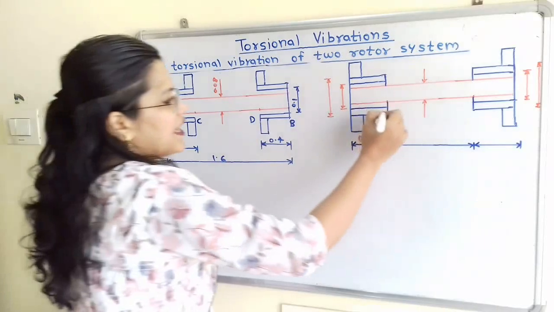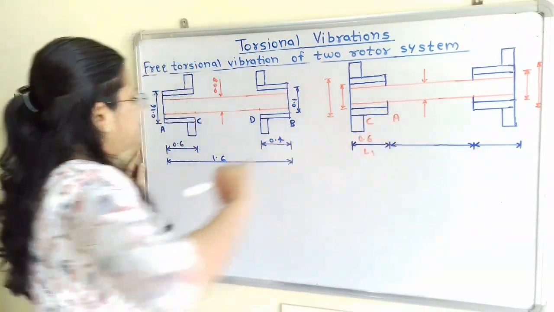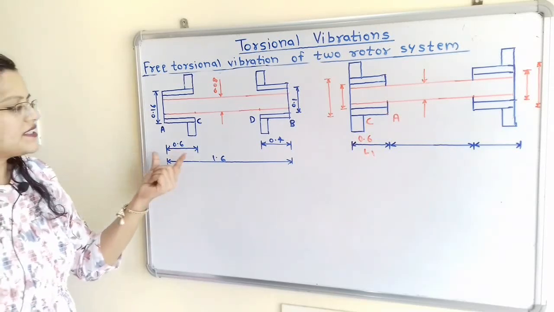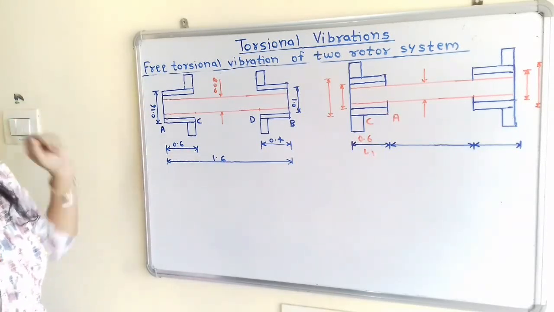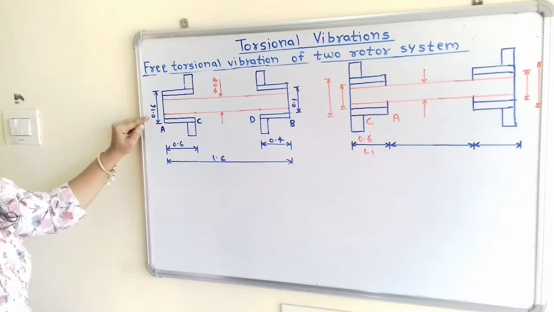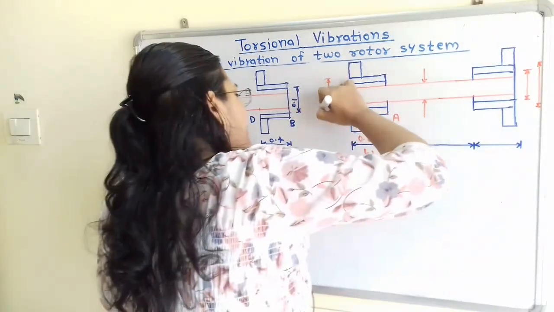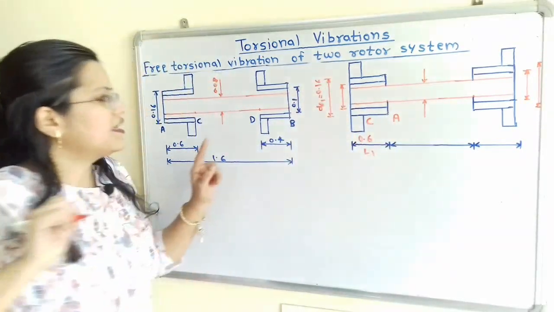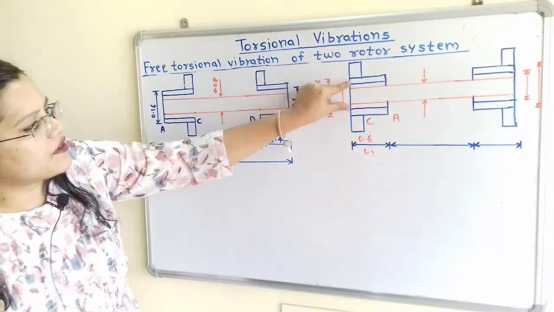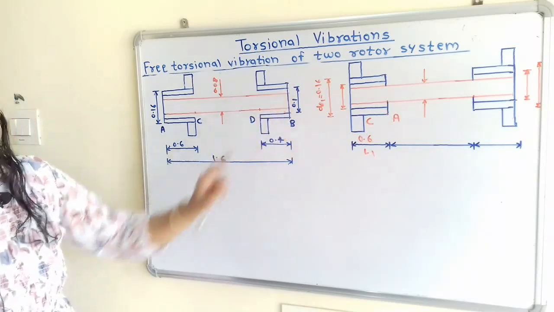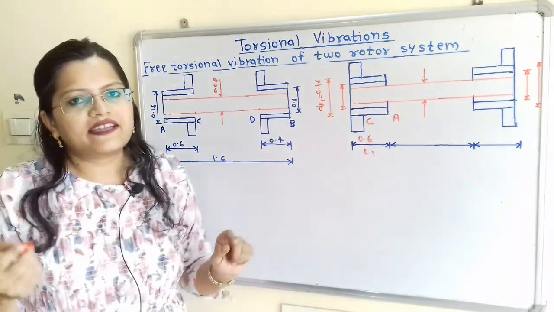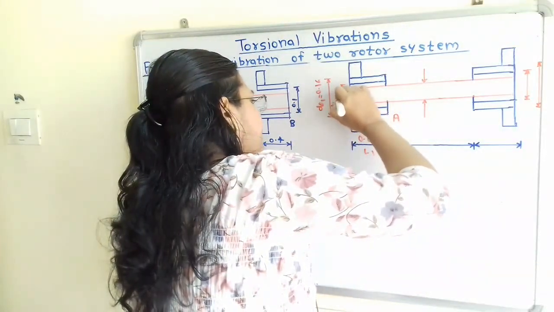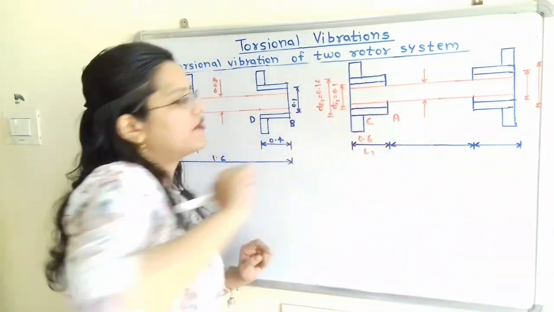This is the end A. For section 1, the outer diameter is known as DO1 and it is 0.16, so DO1 is equal to 0.16. In the same way, the inner diameter for the solid shaft is 0.1 meter, so DI1 is equal to 0.1 meter.